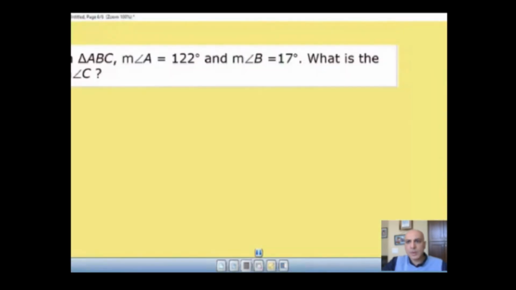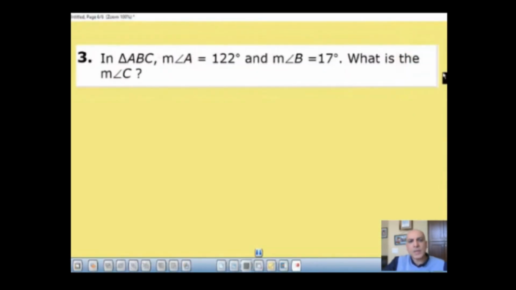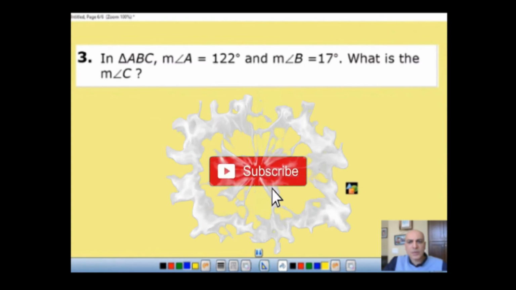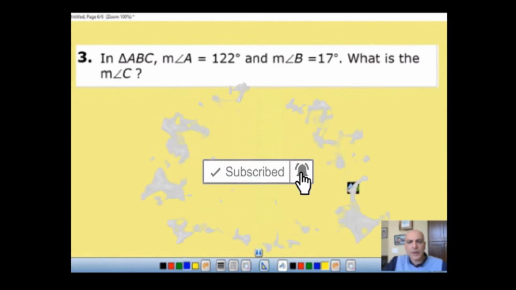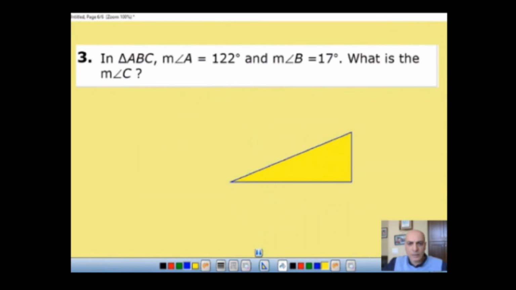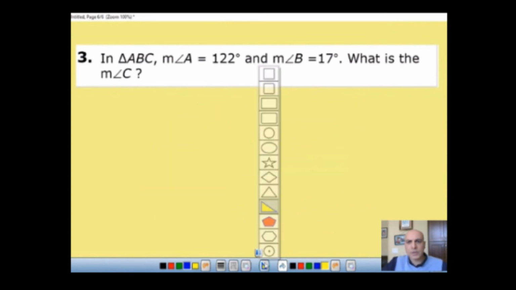In triangle ABC, I have a measure of angle A and angle B and angle C. I have to choose a different color for that one. What is the measure of angle C? That doesn't really matter, but it shouldn't look like a right triangle, because it isn't one, just a triangle. All right, here we go.